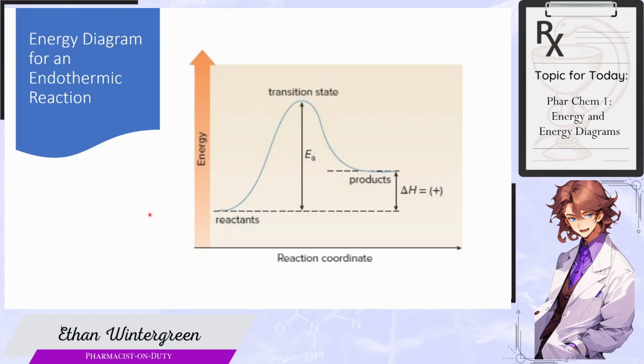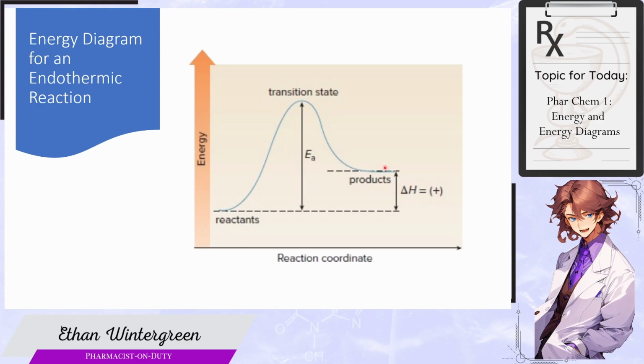So here is an energy diagram for an endothermic reaction. The first one was an exothermic reaction, since the products were lower in energy compared to the reactants. This is the opposite. Your reactants are lower than the products, meaning once your reactants reach the transition state and end with the product, your products are higher than the reactants, meaning you added heat to form the products.